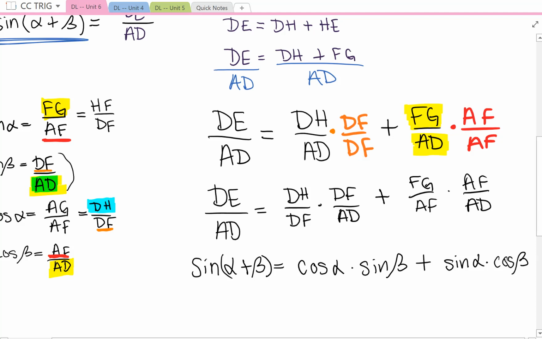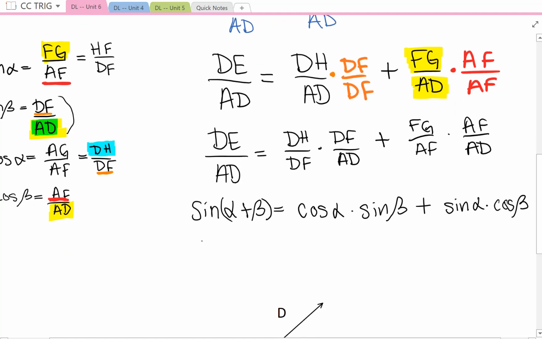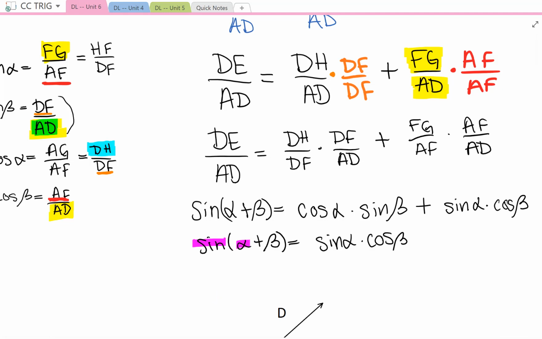To make it easier to remember, I like to write it with sine alpha as the very first part of the first term, to remember to start with this trig function and this angle. Okay, so if we write them all in that same form, then we'll remember each time. It might spur our memory on what is the formula, what is the identity.